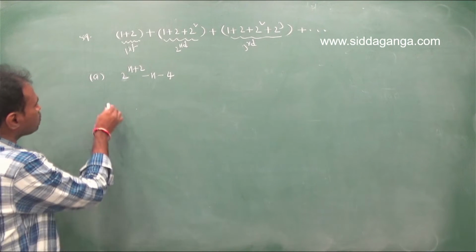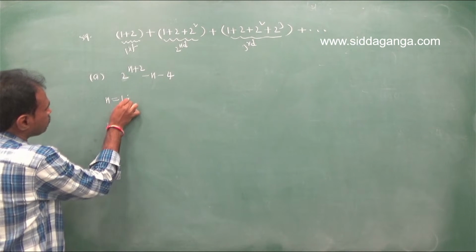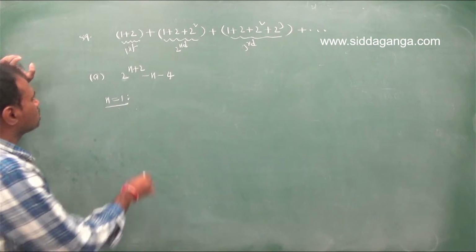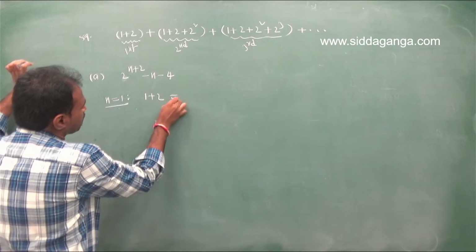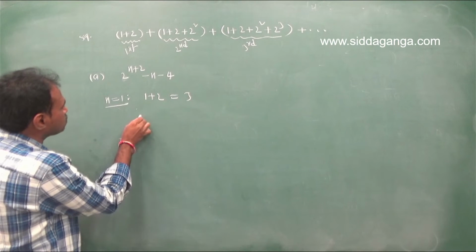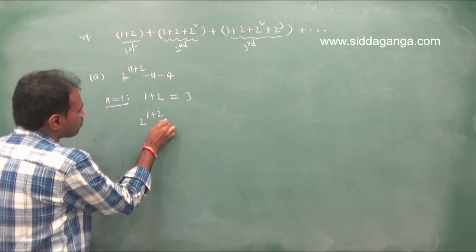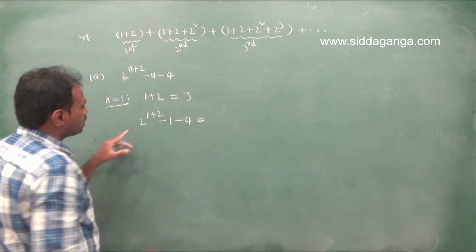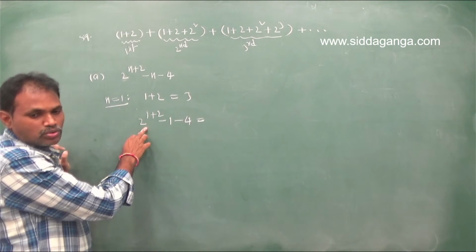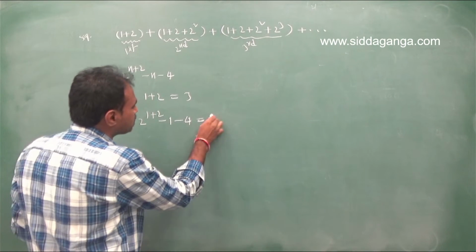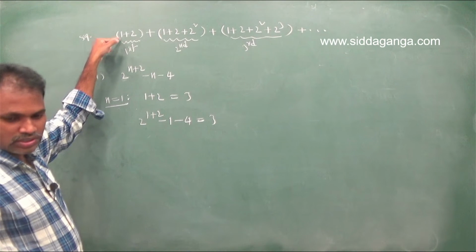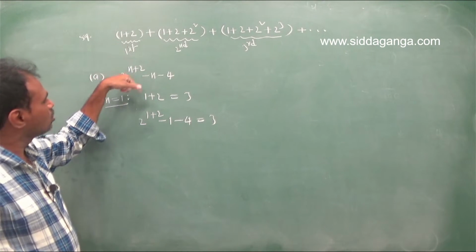Now if we put n equal to 1, the sum of the first term is 1 plus 2, which equals 3. Substituting n equal to 1 in the option, 2 power 1 plus 2 minus 1 minus 4, that is 2 power 3, which is 8, minus 5, that is 3. Therefore for n equal to 1, this first option and the given sum coincide, 3 equals 3.